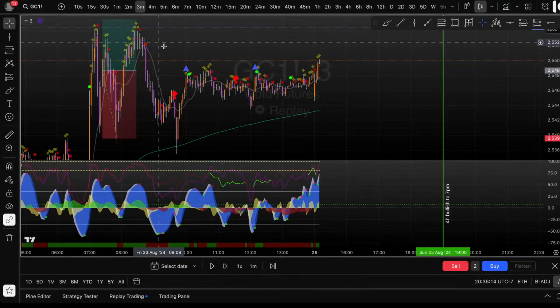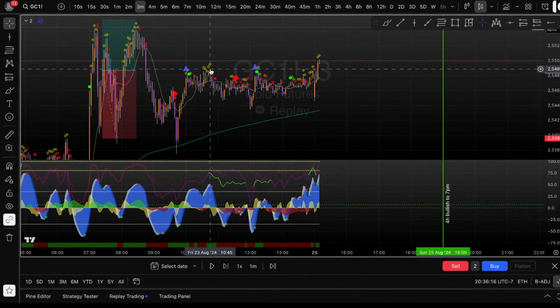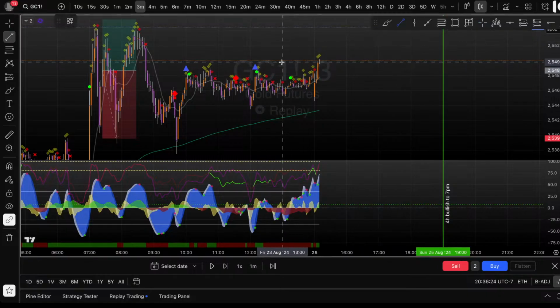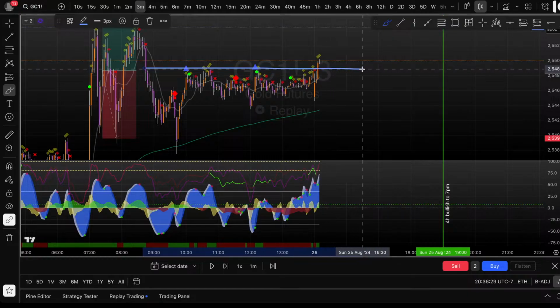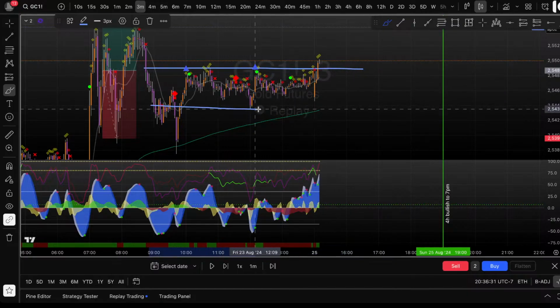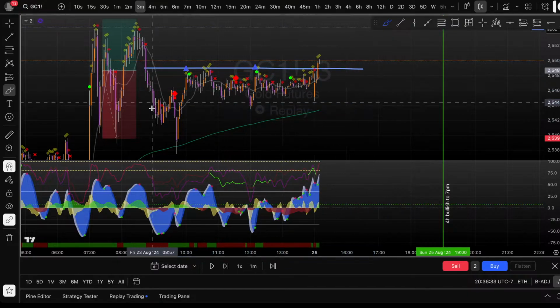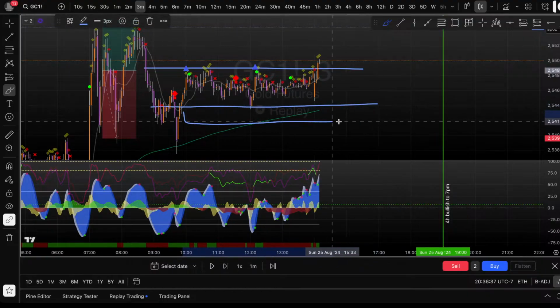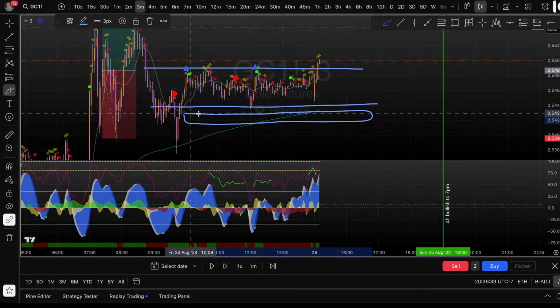Just like the top of one of these tall candles, really. So 25, 48, 9. And then somewhere down here. Stop loss goes here.